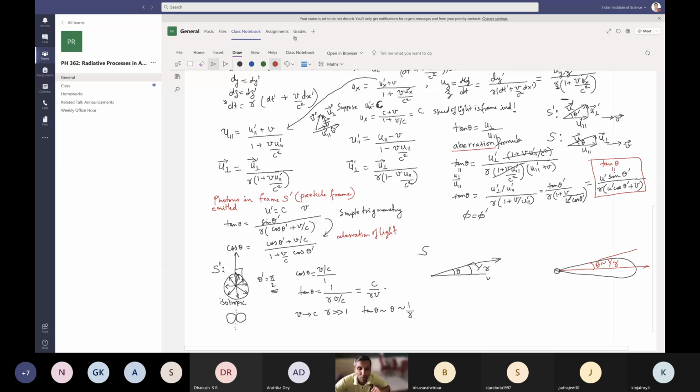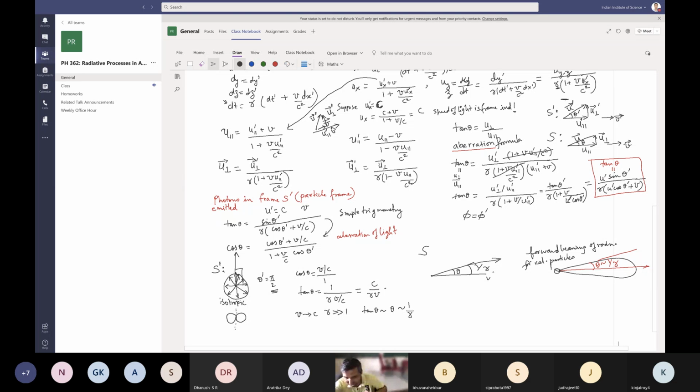This is called forward beaming of radiation from relativistic particles. Even if in their own frame they are emitting isotropically, in the lab frame most of the radiation comes in the forward direction.